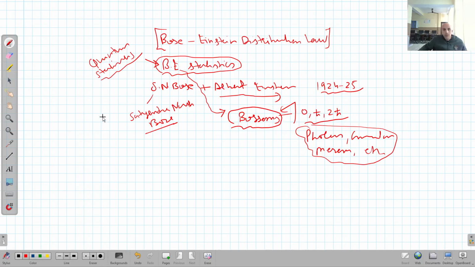Now here we are going to derive a Bose-Einstein distribution law. So what is the need of that law? We have developed this law in the case of Maxwell-Boltzmann statistics also.